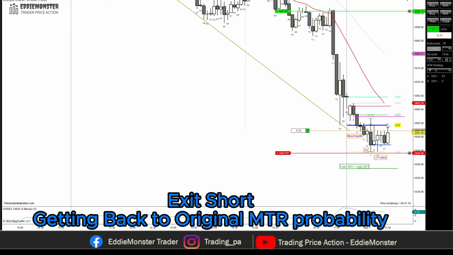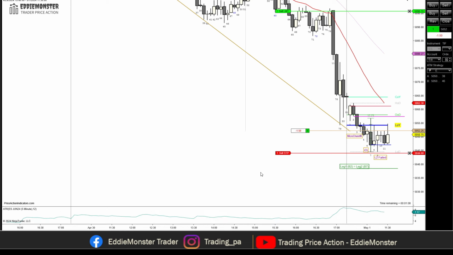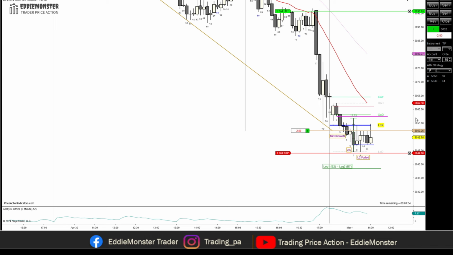Testing low for yesterday, second time, or I would say third time, 1, 2, 3 after this breakout. Since that's not gonna close above low for yesterday, right?